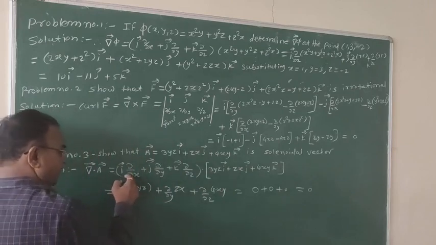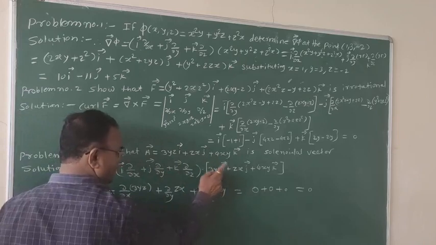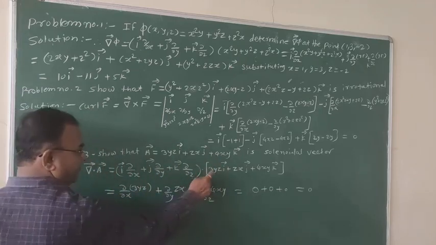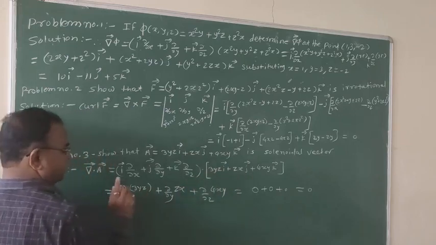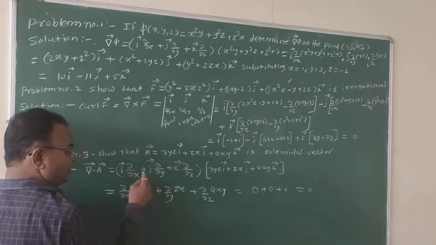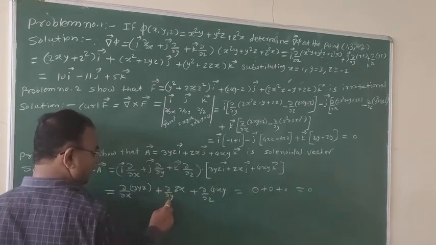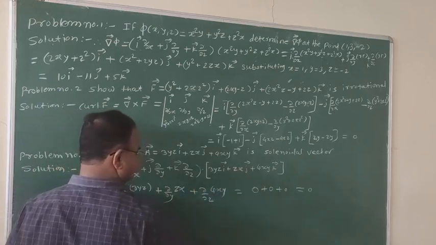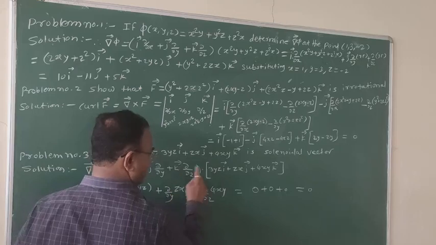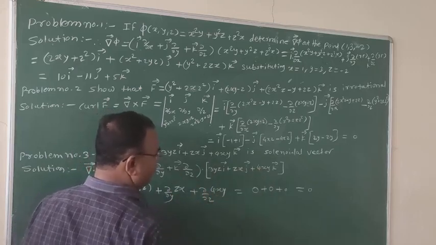Therefore, related to i bar, we have only one term, i bar dot i bar is 1, and we have ∂/∂x of 3yz. Similarly for j bar, ∂/∂y of zx. Last term ∂/∂z, k bar dot k bar is 1, therefore ∂/∂z of 4xy.